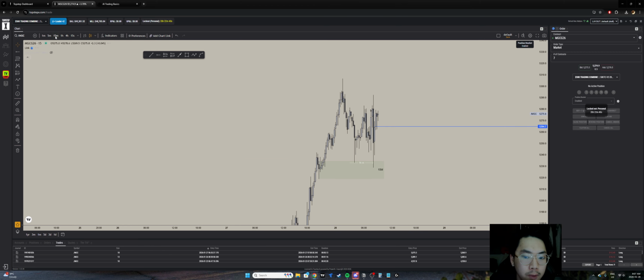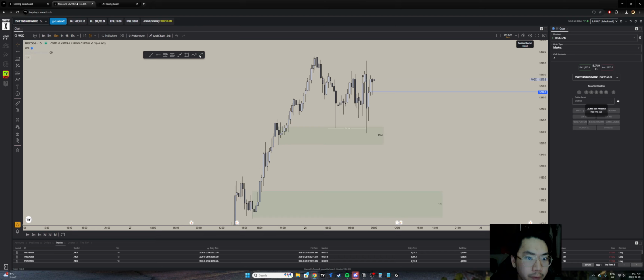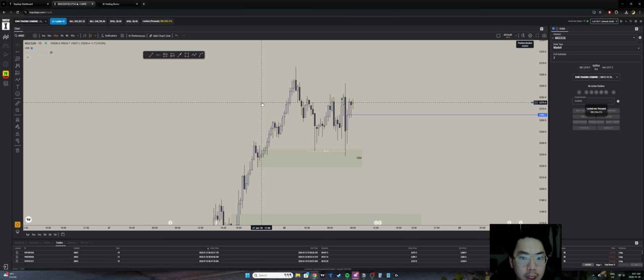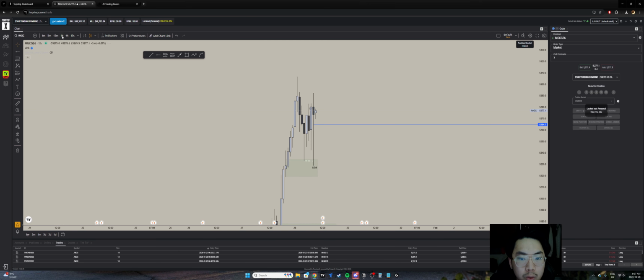I might have done it. If 15 felt like this, with clear higher highs, higher lows, then yes, I probably would have gone in. But if it's moving sideways like this, and there's liquidity down here, I want to rely more on the 1 hour.